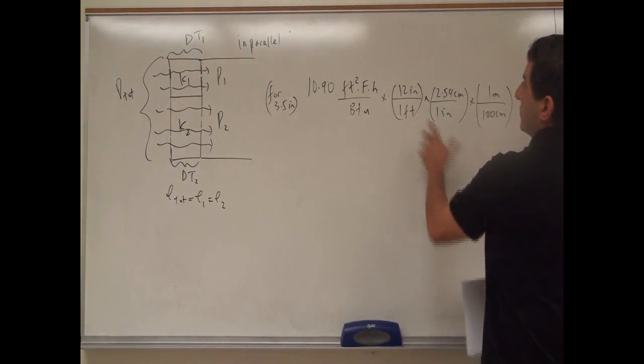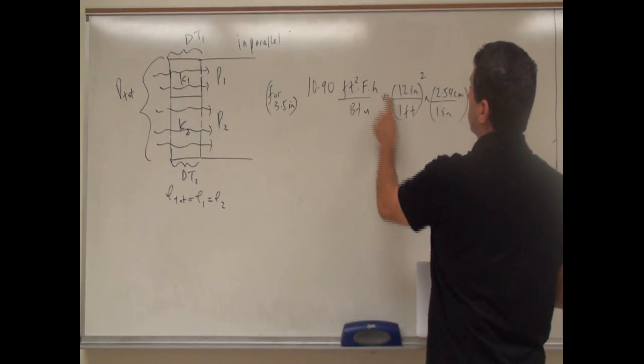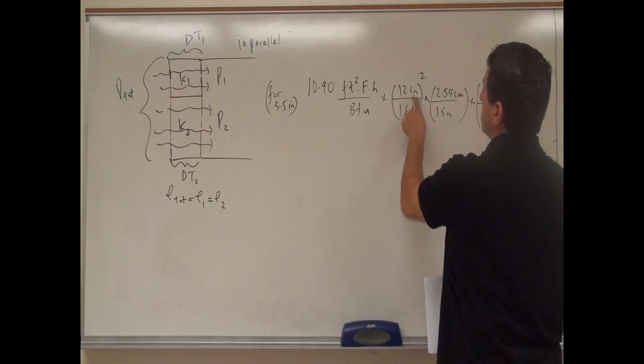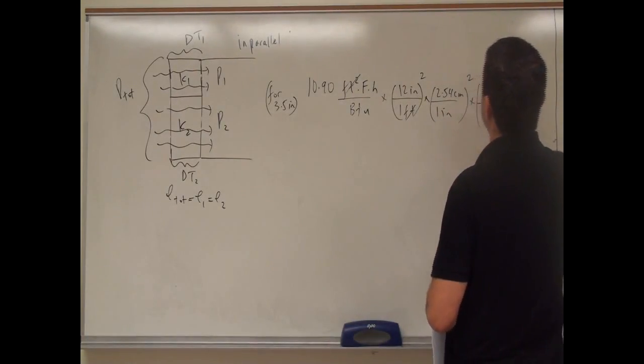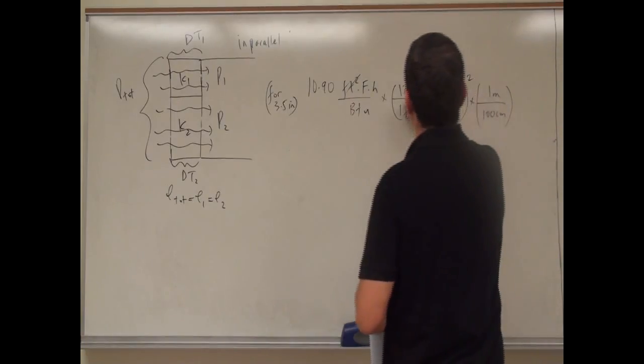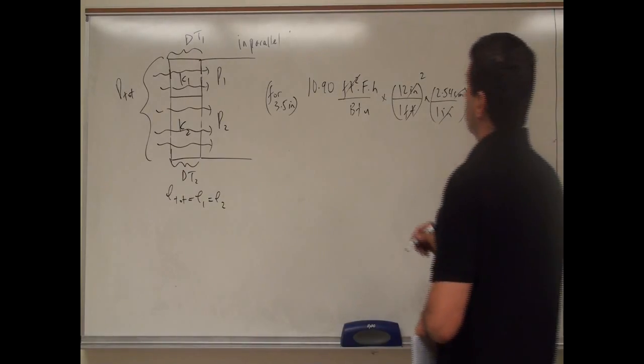Right, so I have to square this, because this is foot squared. I would have to square the foot is 12 inches, that would get rid of that. 1 inch is 2.54 centimeters, I have to square that. The inches squared will get rid of that. 100 centimeters is 1 meter, I have to square that. The centimeter squared will cancel that, right?